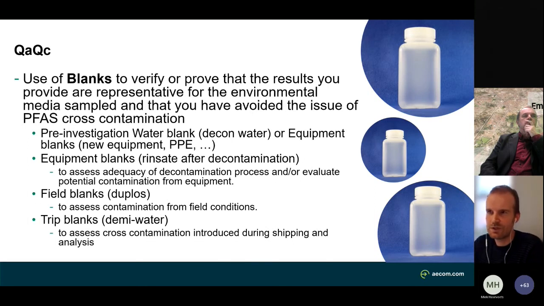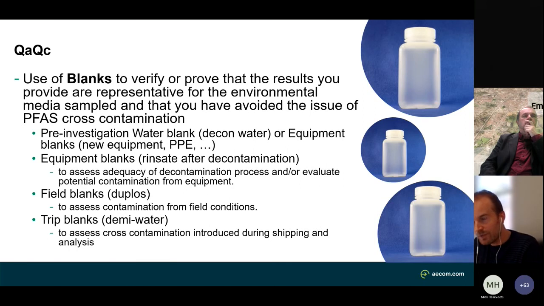We listed a number of types of blanks, and of course, depending on the goal, the complexity, and the size of your project, the amount of these blanks can vary. But you can have a selection of them, like the pre-investigation water blank.